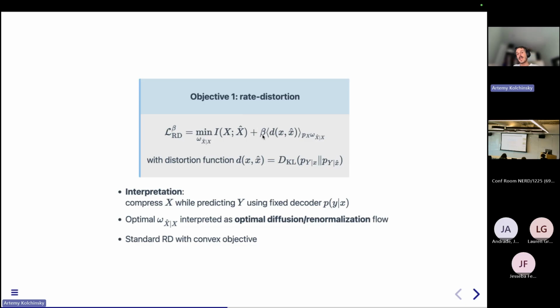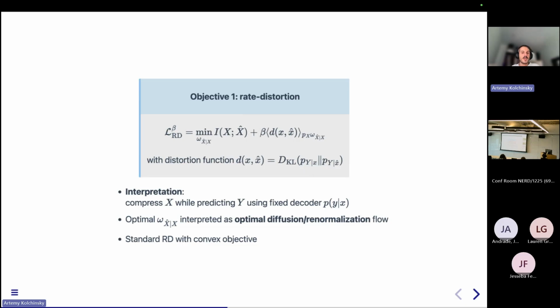And what that means is that even as beta approaches 0, so we don't care too much about prediction, we might imagine that this should also go to 0. But for this distortion function, it doesn't necessarily go to 0, because there are certain totally incompatible inputs that will never be merged. There is a way to understand this. I think it makes sense why that happens, but it's not clear whether that's always desirable.